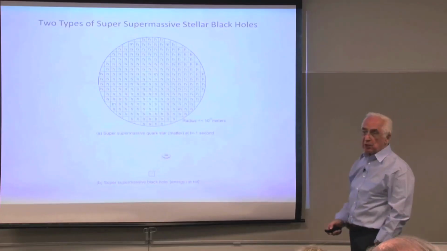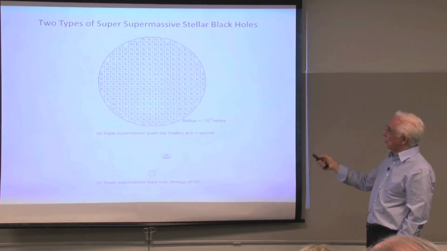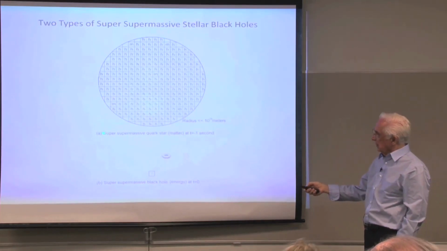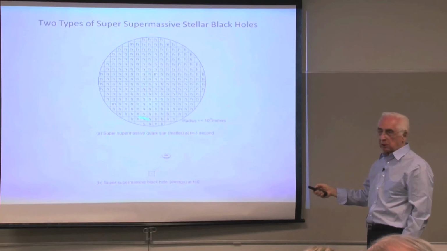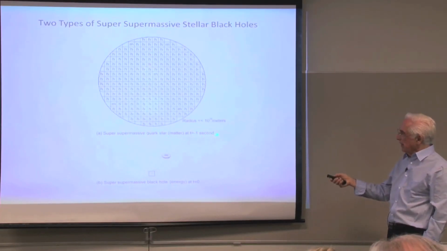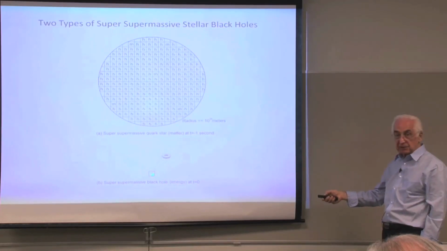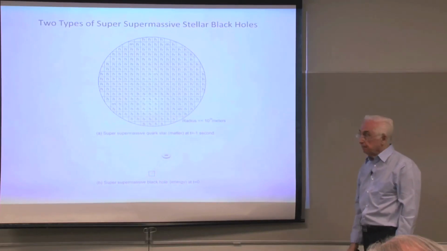I mentioned that in the precursor universe there were two types of supermassive stellar black holes. The first one was a supermassive quark star matter that existed 1 second before the Big Bang. And the second one was a supermassive black hole energy, and that was the donut-shaped singularity at the center of a single Planck cube.